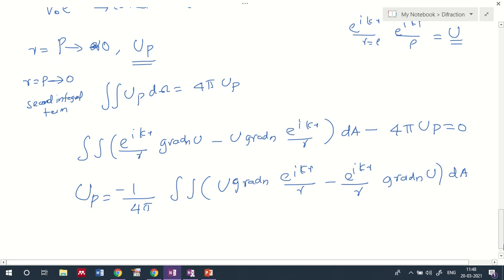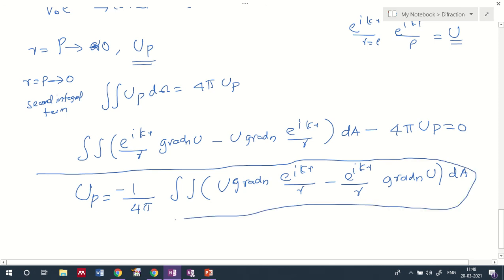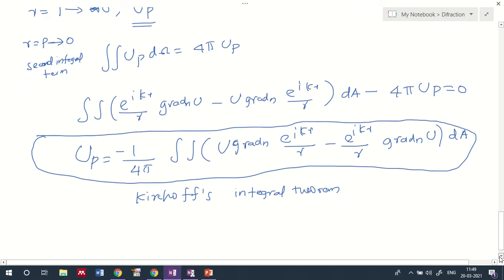This particular equation is called the Kirchhoff integral theorem. So that is the result we got.